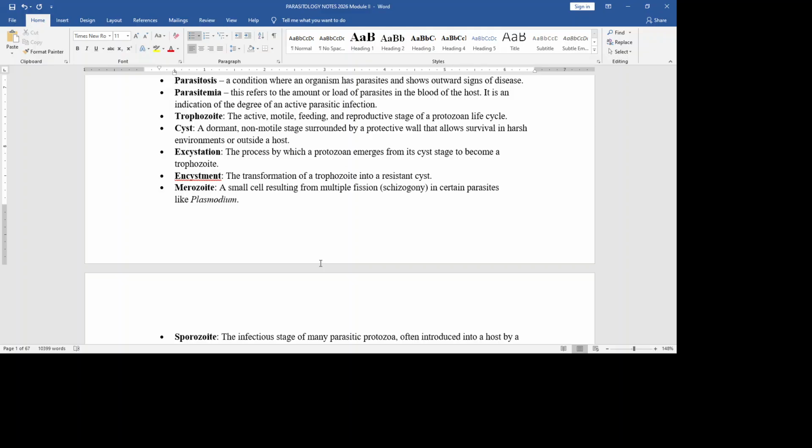Then we have the cyst, a dormant, non-motile stage surrounded by a protective or thick wall that is essentially supposed to make it resistant to harsh environmental conditions such as salinity, desiccation, and pH, and even chemicals, not forgetting high temperatures or heat, or the dry spell. And these are normally found in an environment outside the host.